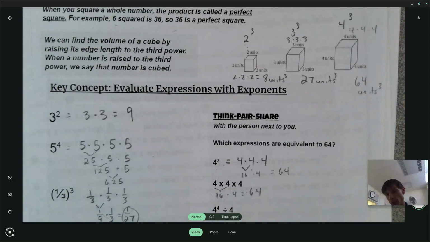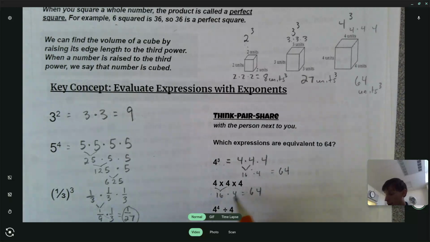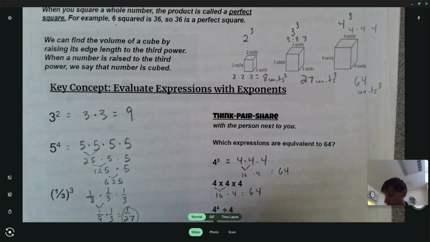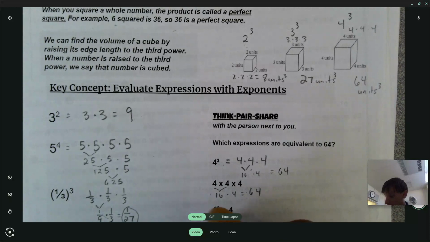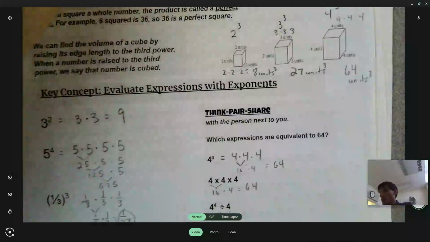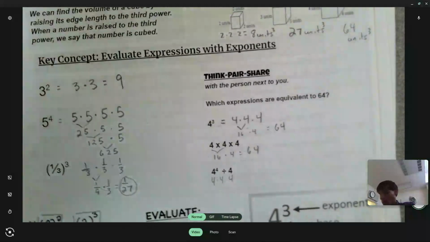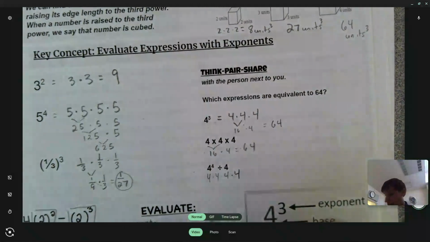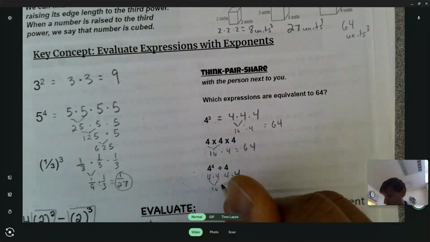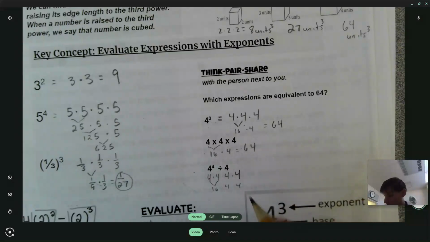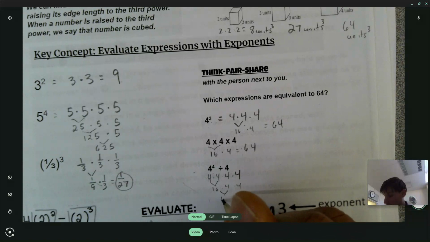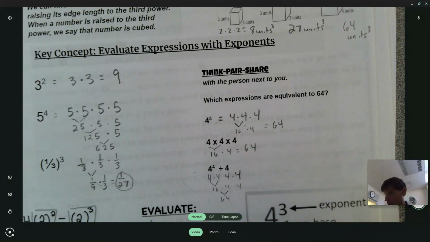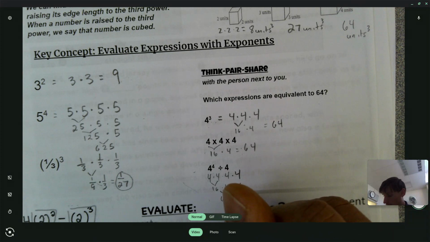And this one, we have something a little different here. We already know 4 to the third is 64. So we're really saying 4 times 4 times 4 times 4. So again, 16 times 4 is 64, and 64 times 4 should be 256.